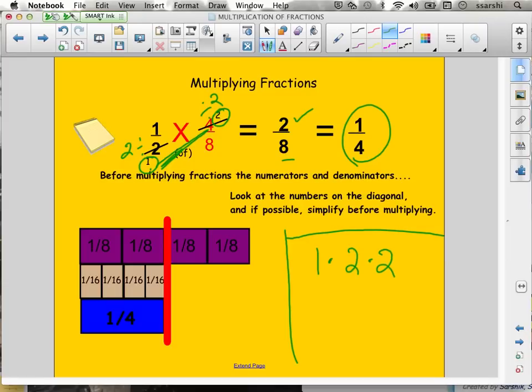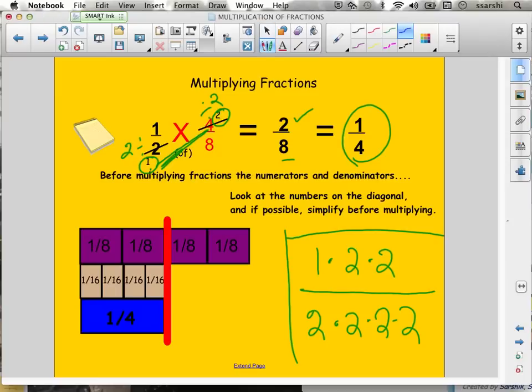Breaking that into factors, the 4 would be 2 times 2, and the factor 8 is 2 times 2 times 2, breaking them down to primes.